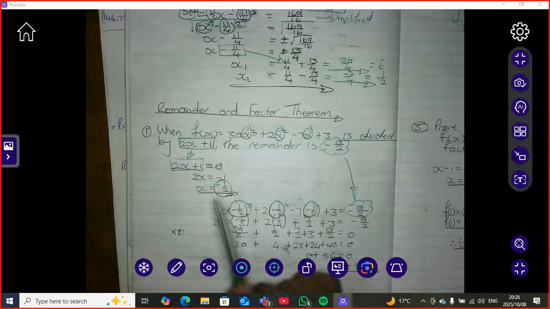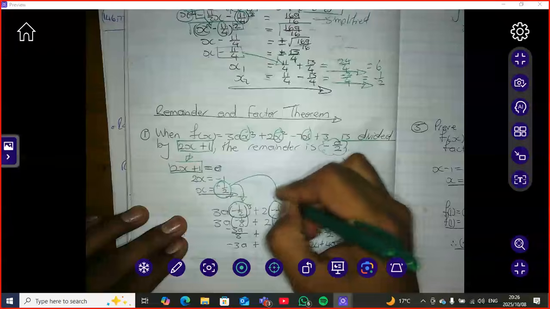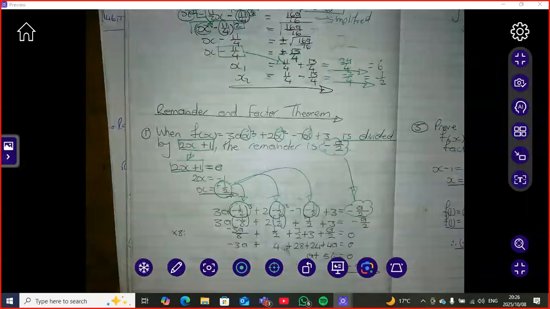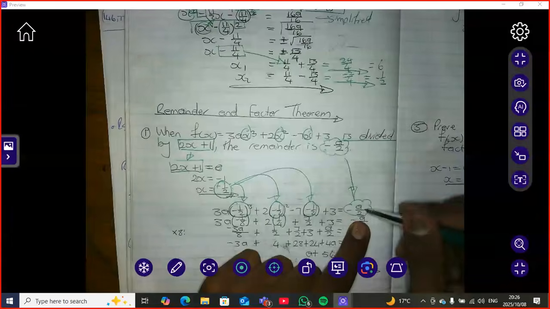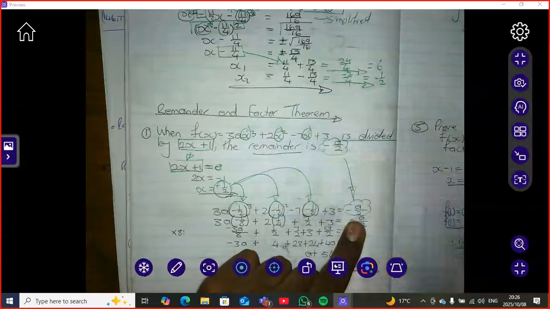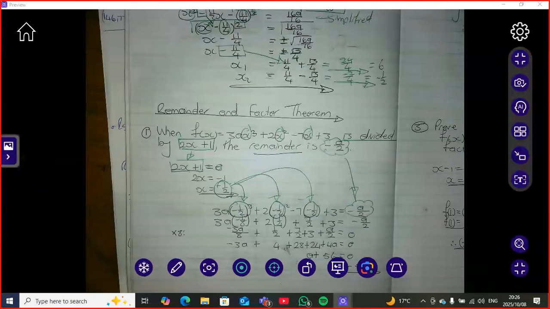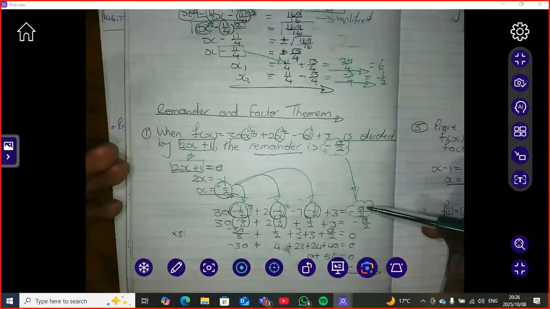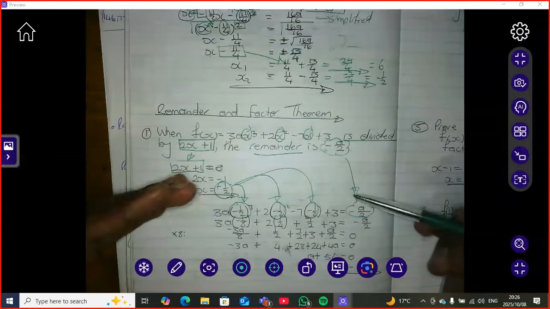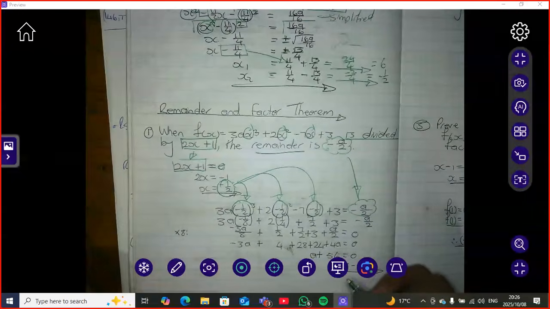I put this x value into my given equation, equal to the remainder. Then what do I do? I manipulate and simplify to get my a alone.